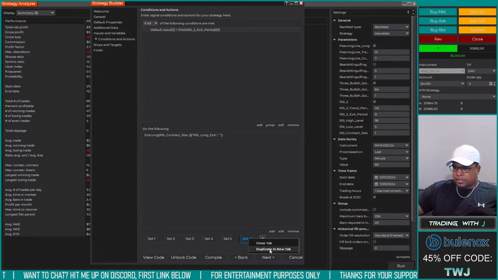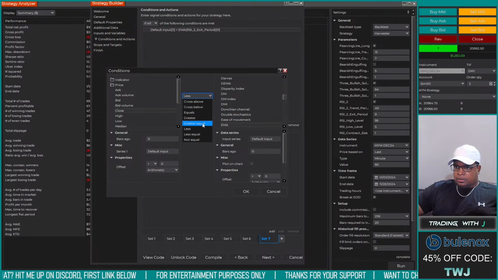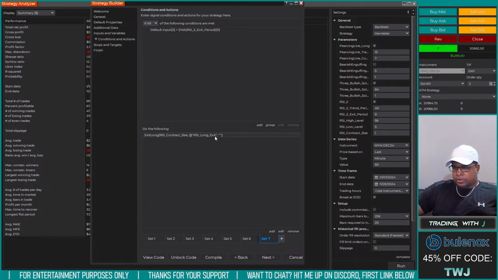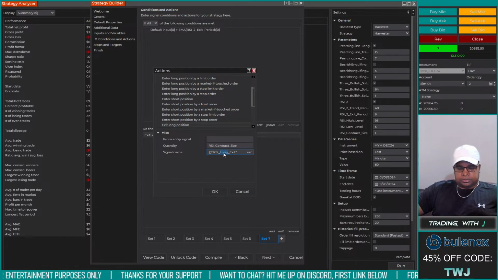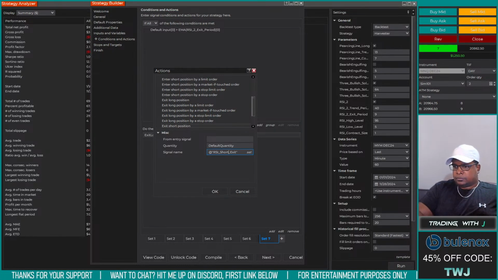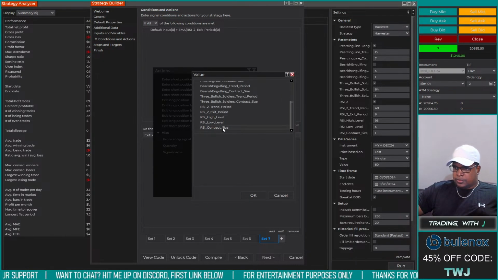Well, actually, we could duplicate the entire thing. Change this if the close is greater than that. Greater than, we exit short. Call this RSI short exit with the number of contracts being RSI contract size.